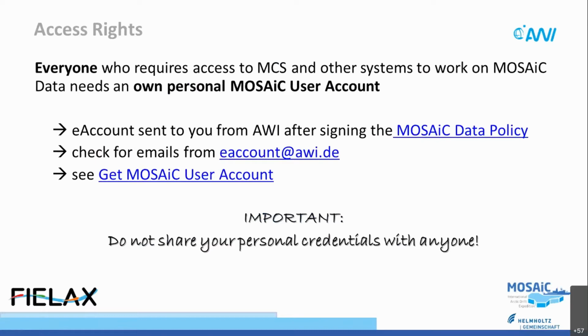You have to sign a MOSAiC data policy, and then you send that to AWI, and you get an email from e-account at awi.de, and your credentials and login data are in that email. As I mentioned, all is documented in the documentation under this get user account. At the end of the presentation, I'm going to show you the pages where you can find information.